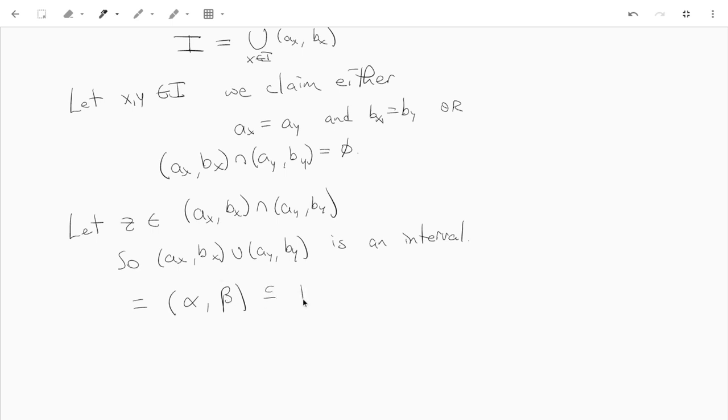This is an interval that is contained in I, because both of the intervals are contained in I. And since x is in the interval ax bx, x is in this interval. Oops, it's the beta, not a b. And y is also in this interval.